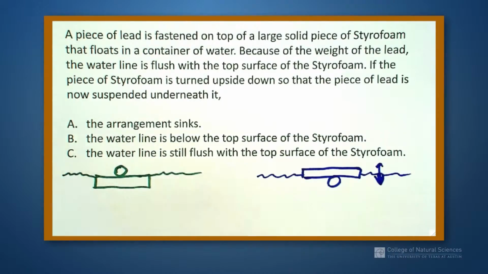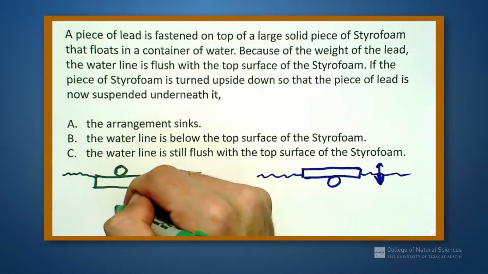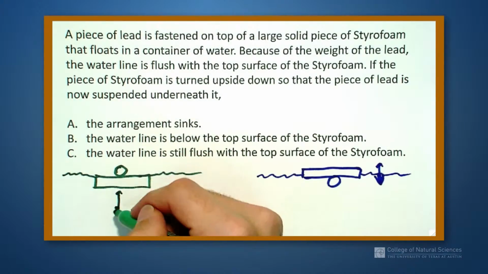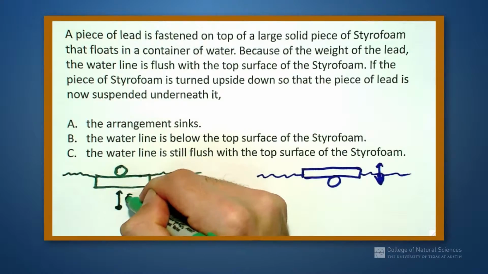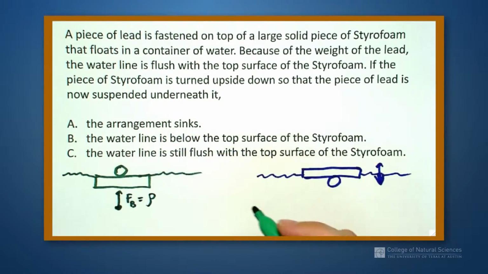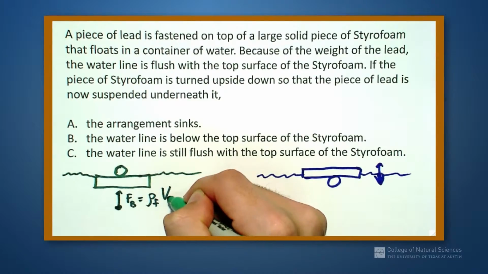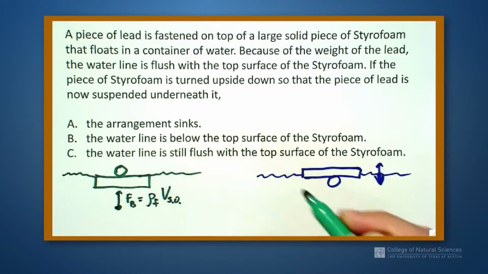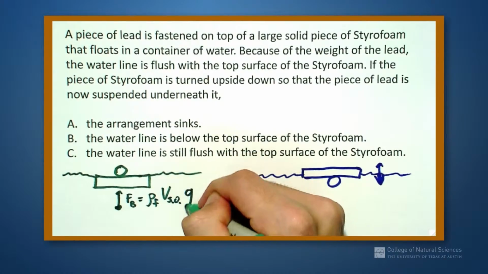Well, to do this, I'm going to draw a free body diagram of the first object. I know that the upward buoyancy force is equal to the density of the fluid, the submerged volume of the object, times gravity.